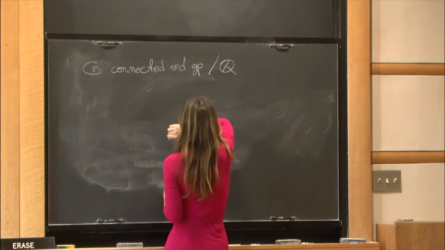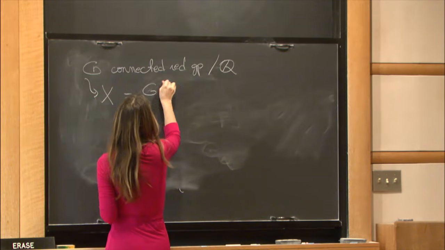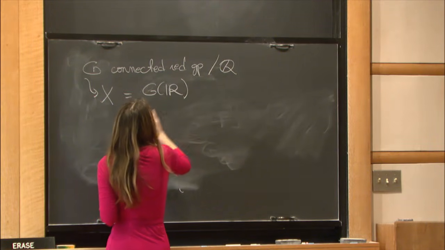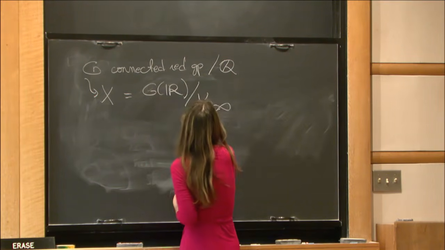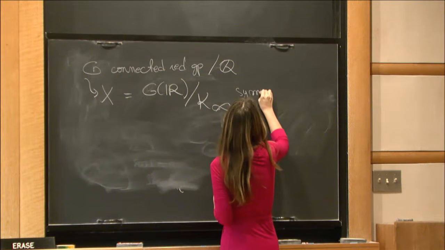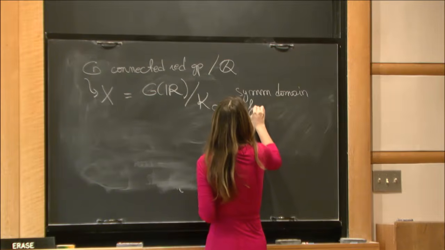And attached to G, you can form the symmetric domain by taking the quotient of the group of real points by a maximal compact subgroup. So for SL2, this was the upper half plane.